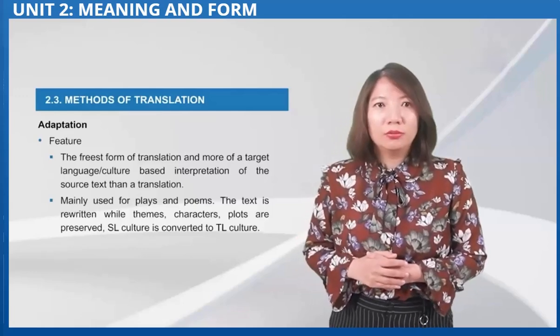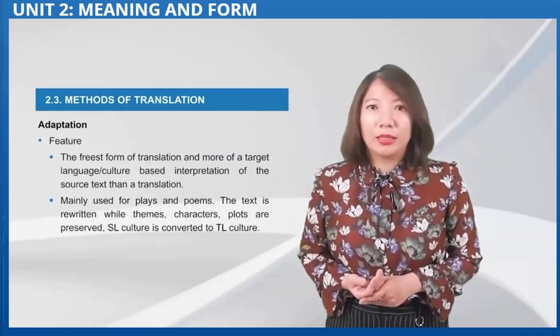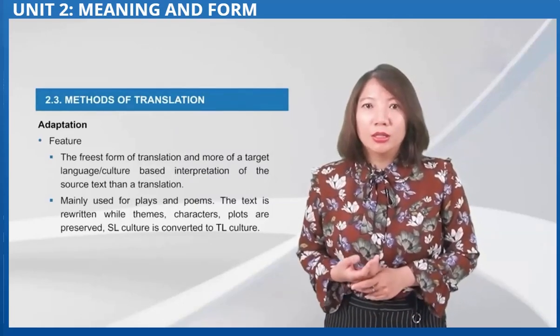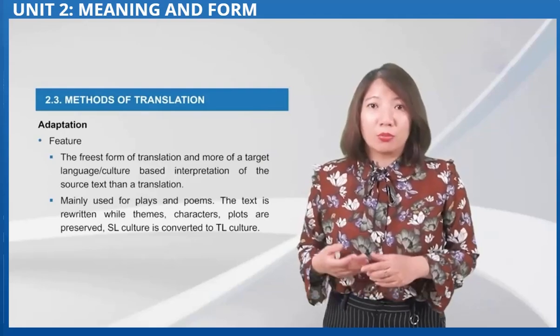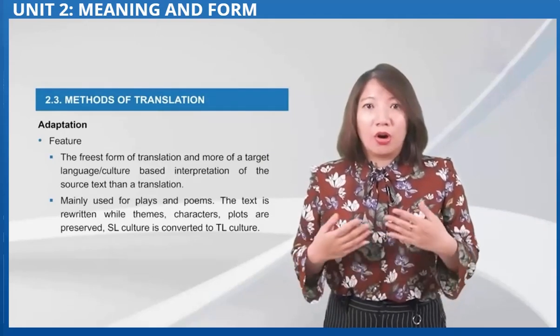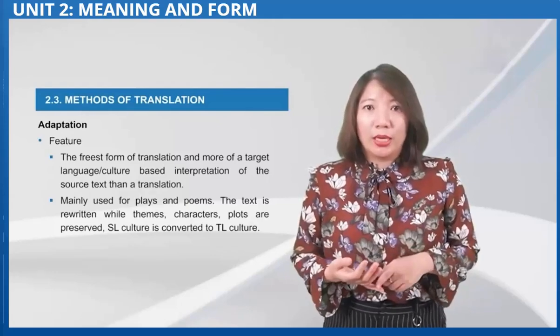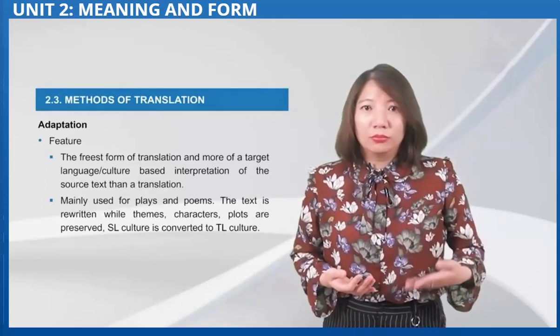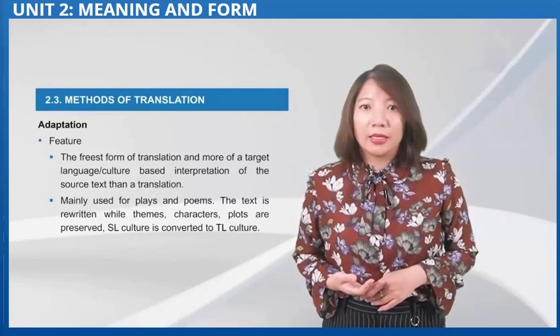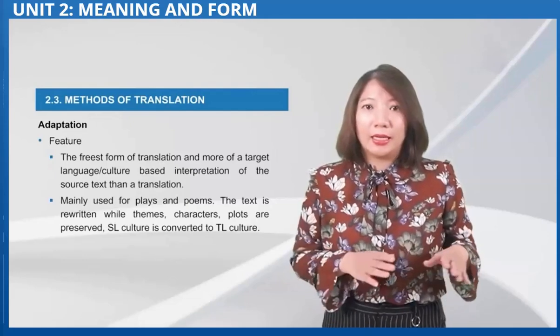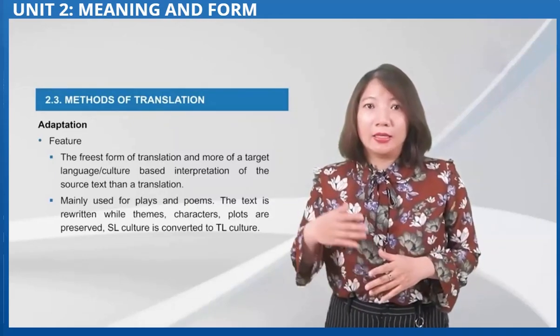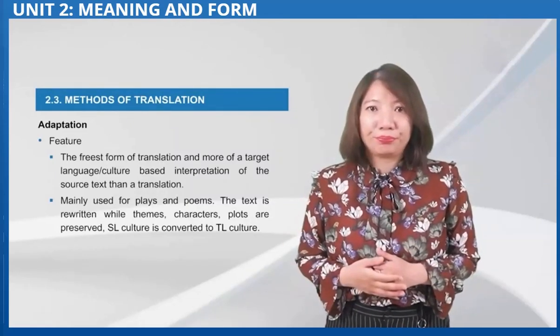Ví dụ như phương pháp dịch adaptation thì thường sẽ được áp dụng cho dịch các cái vở kịch hay bài thơ, trong đó chỉ có các cái nhân vật, cái tuyến nhân vật, rồi những cái tình tiết chính là được giữ lại. Còn lại thì các cái chi tiết cụ thể là sẽ được viết lại, rewritten.